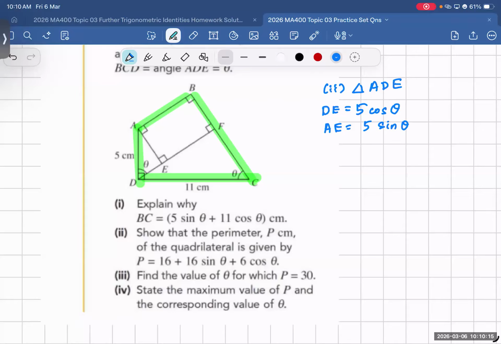Wait, actually I don't even need DE. Can I say that sine theta is also DF over 11?